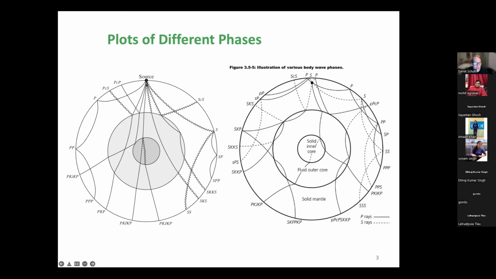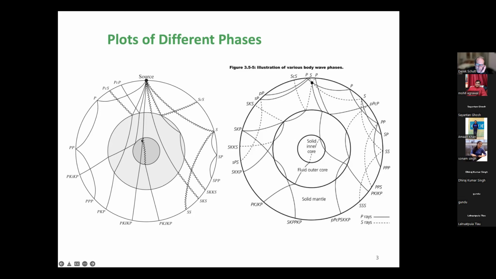Here's an example of a P wave that travels through the outer core, travels through the inner core, travels through the outer core, and then back up through the mantle. So it starts out as a P wave, and it gets a K designation for traveling through the outer core, an I designation for traveling through the inner core, a K designation for traveling through the outer core, and then a P designation for traveling through the mantle as a P wave.